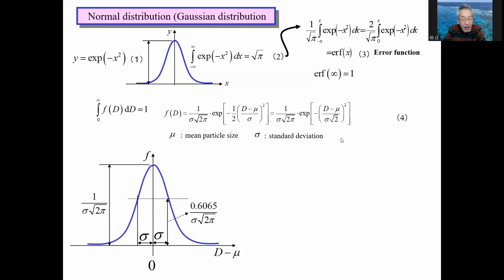The distribution f versus d is shown by the blue curve. The curve is symmetrical across d equals mu, or across the mode diameter. When d equals mu, f takes the maximum value. Therefore, the mean size mu is equal to the mode diameter.